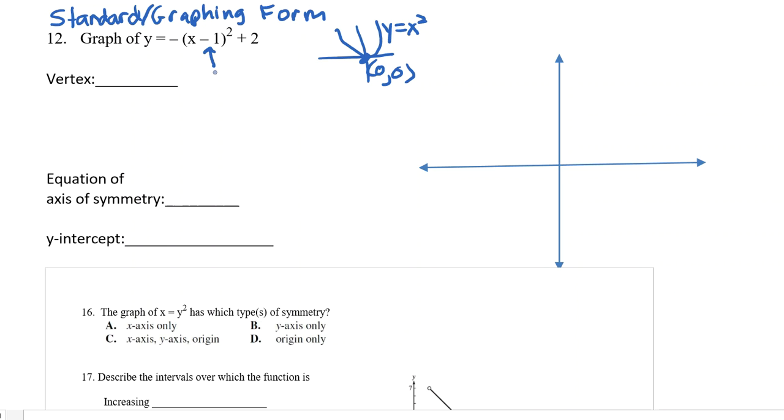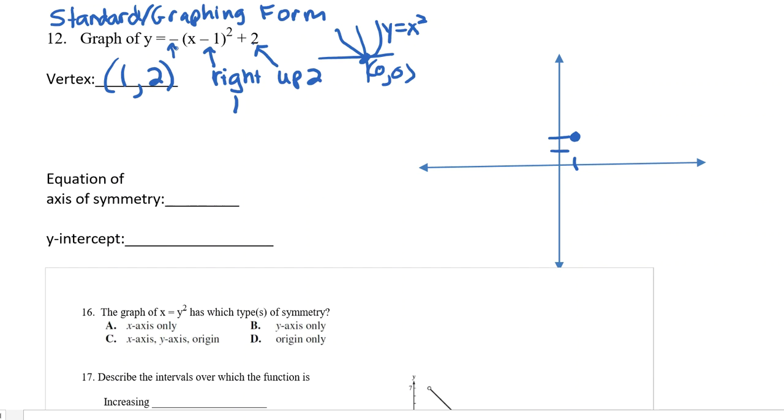So here we are moving that parabola to the right 1 unit, our horizontal shift in the opposite direction, and up 2 units. So we know that our vertex is at the opposite of this value and the same sign as that value. So our vertex is at (1, 2).